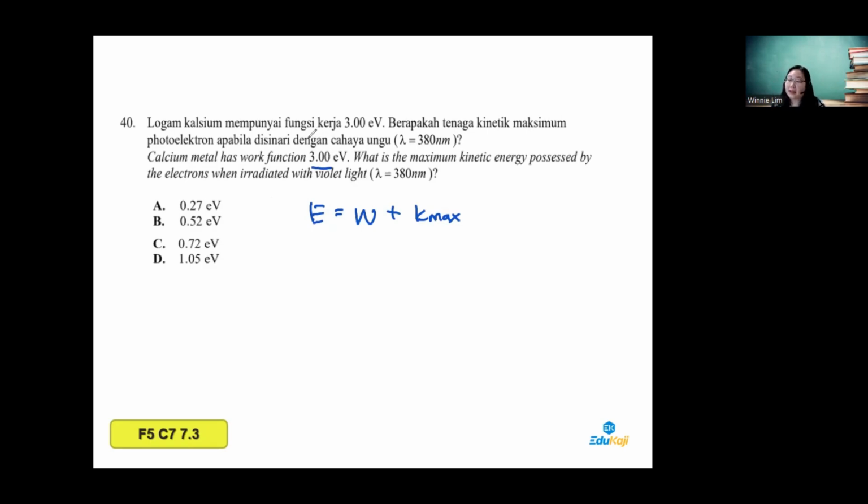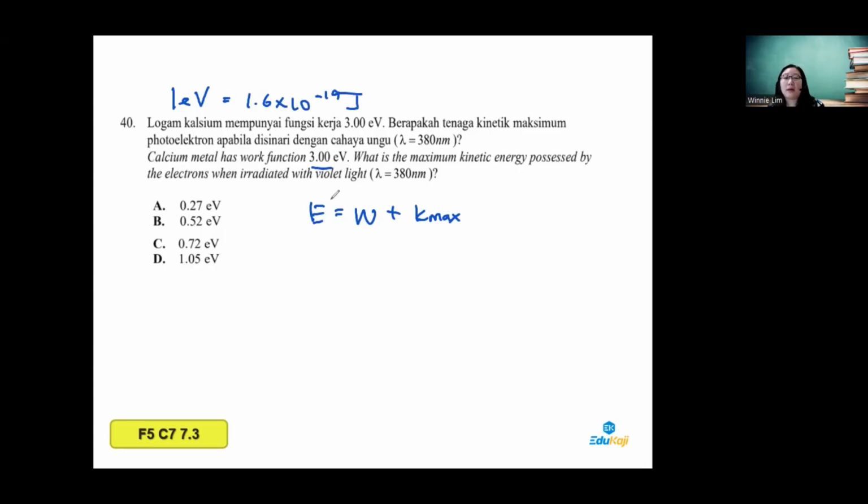Electron volt is another unit of energy, so you need to know how to change joule to electron volt. This should be given, or maybe it's in the formula list. 1 eV equals 1.6 times 10 power of negative 19 joule.